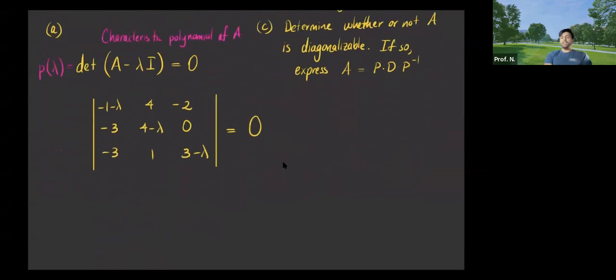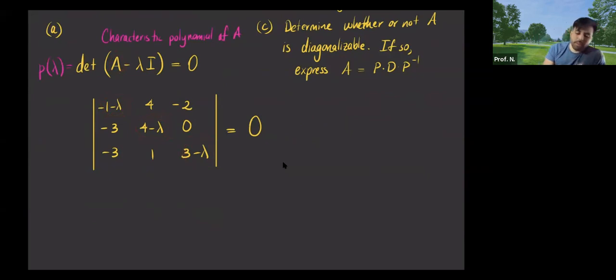So I'm taking the determinant of this matrix, which is A minus lambda I. Again, lambda is a scalar. I is the identity matrix, which is a 3 by 3 matrix. So I times lambda will just be lambda, lambda, lambda along the diagonal, and I'm subtracting that from the matrix A. That's why only these entries are the ones being subtracted by lambda. Everything else is staying the same.